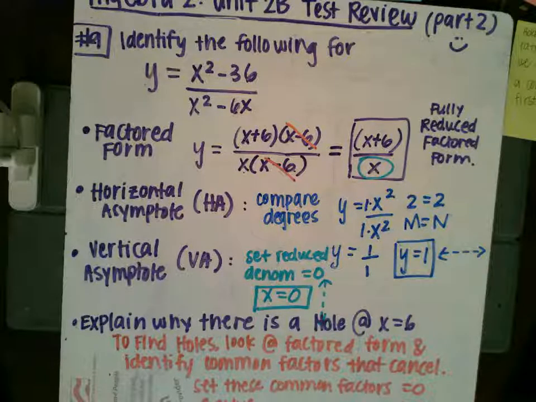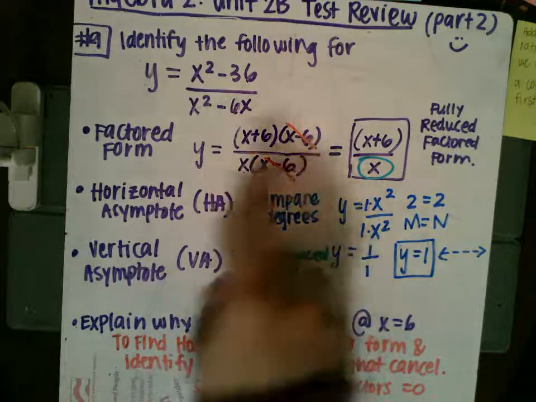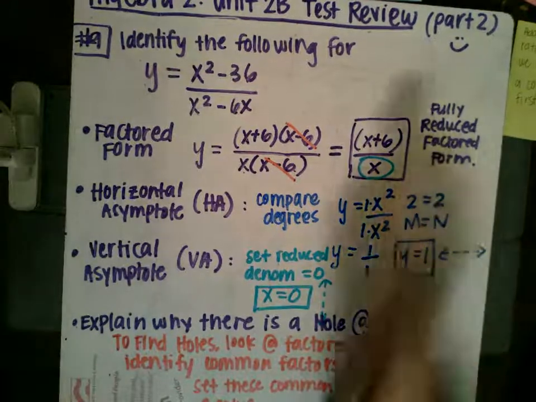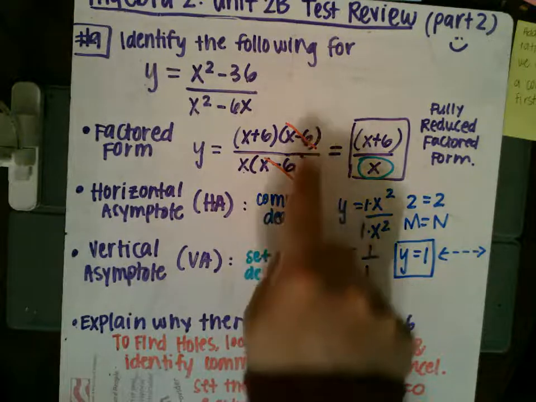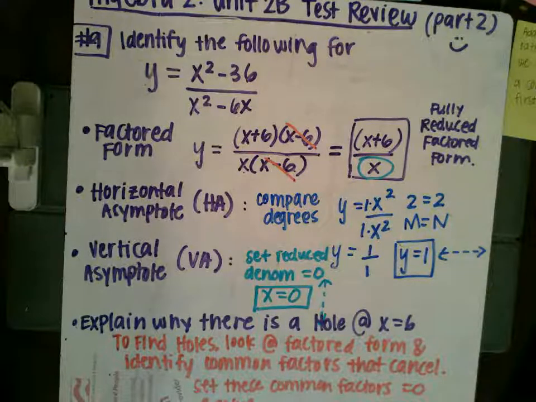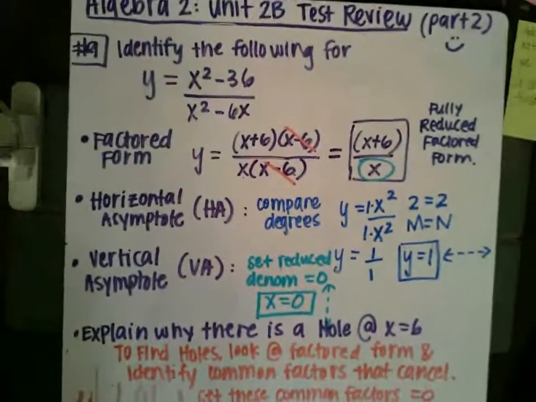I would actually get 0 over 0, and that's indeterminate. If I plugged it into factored form, I would get 0 over 0. That doesn't tell me anything. It actually has to be put into the reduced form. Otherwise, it cancels out. Because remember, at x equals 6, there's a hole. So it's going to give us dividing by 0. We have to put it into the fully factored form.